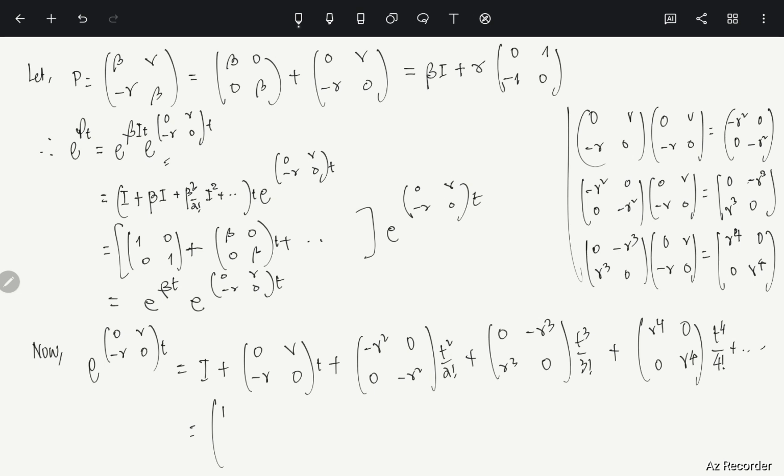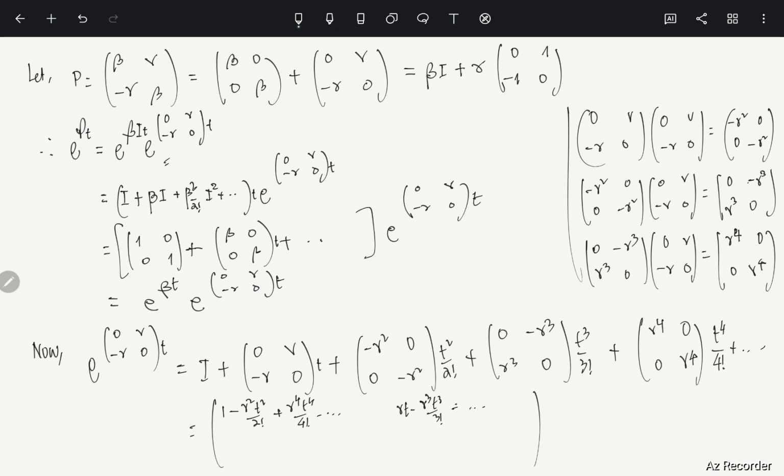It is 1, the second term is not there, minus gamma square t square by 2 factorial. The third term is not there, the fourth term is plus gamma power 4 t power 4 by 4 factorial, minus, it goes on like this. That's the first entry. The first row second entry starts with gamma t, and from here minus gamma cube t cube by 3 factorial, and it goes on like this.